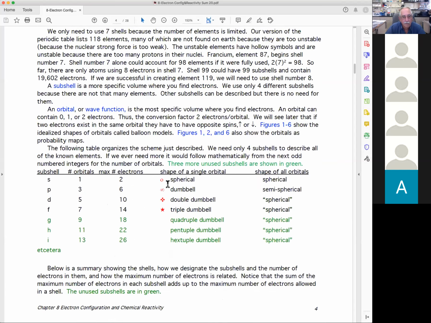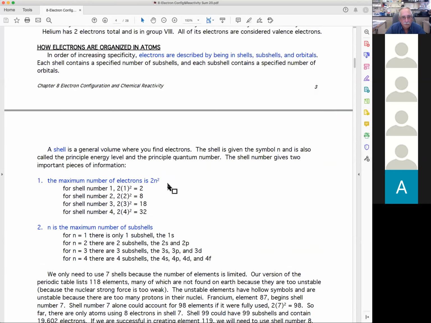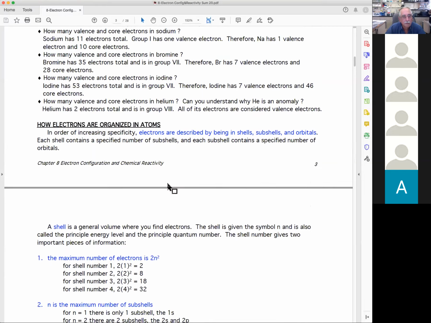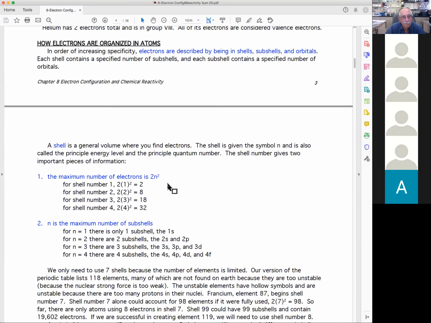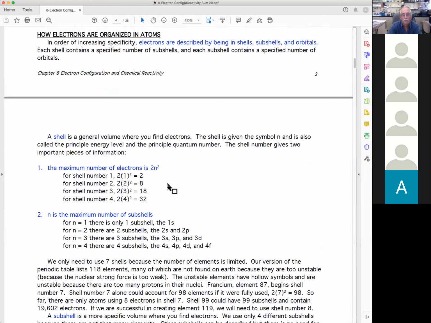So does anybody have any questions before we take off for the weekend? For Chem 100, the test will be available Monday and Tuesday, and it expires at 9 p.m. on Tuesday.